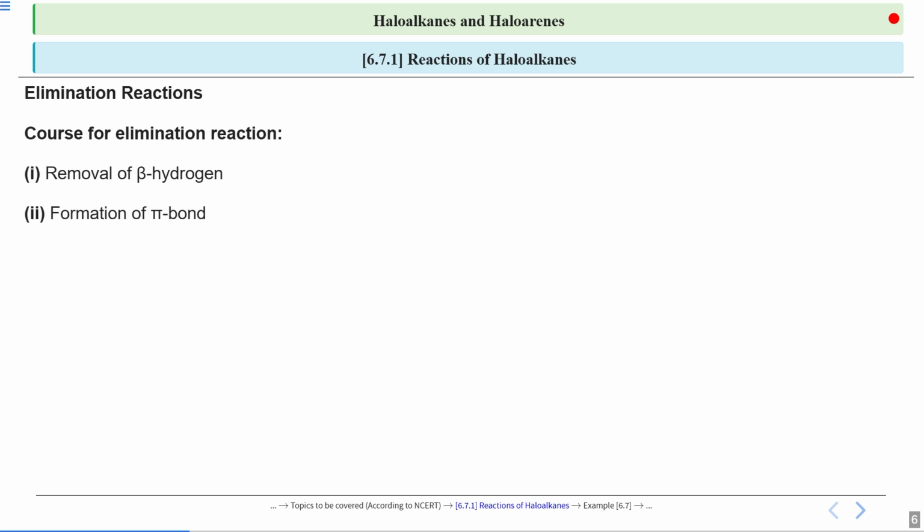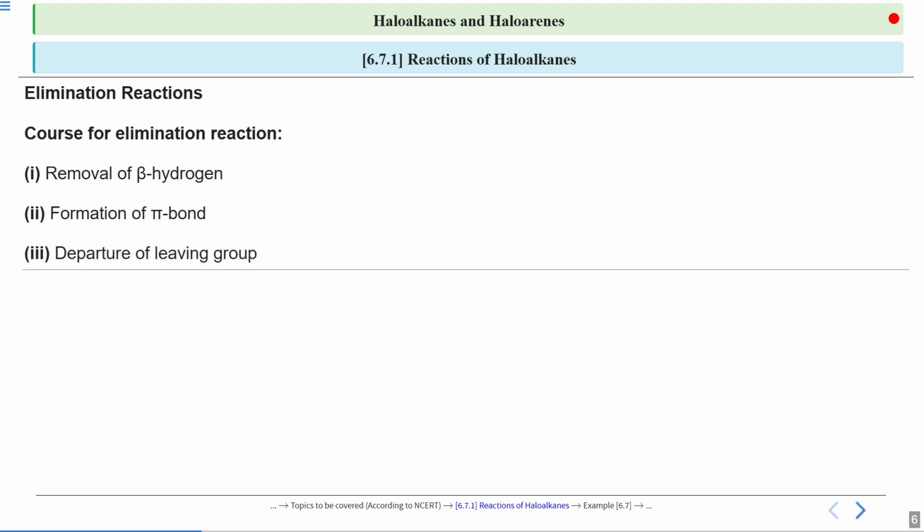Secondly, the formation of pi bond. After the removal of beta hydrogen, there is a formation of pi bond. Pi bond means double bond, in which one of the bonds is sigma and one is pi bond.